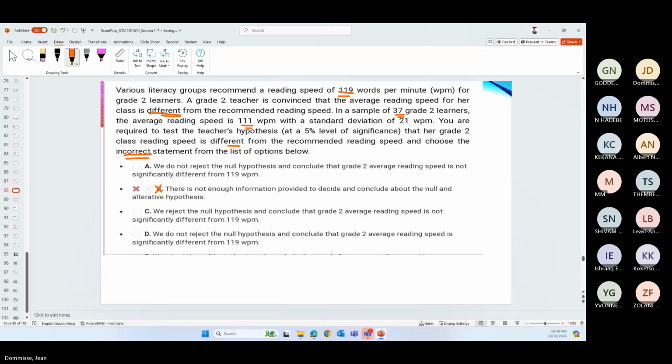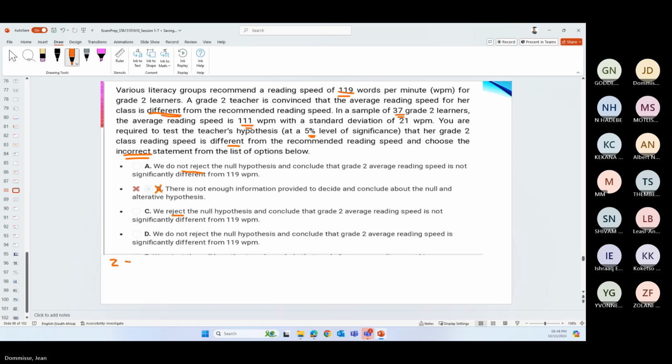So, reject or not reject? We actually need to work out the Z value. We might go and find the p-value and compare the p-value to the 5%, and then we can decide.